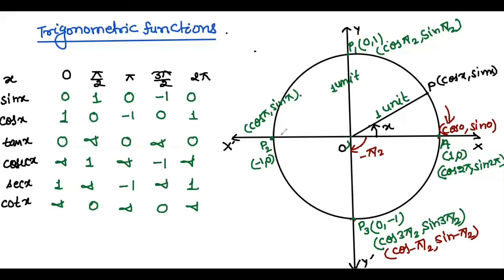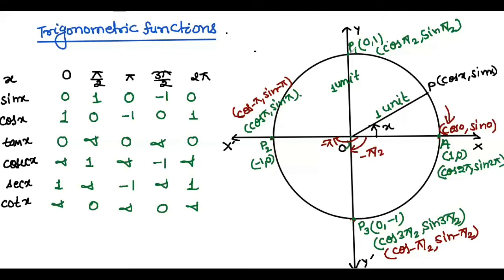Then here at point P2, this angle is in the clockwise direction. This is minus pi. So we can write here cos of minus pi, sine of minus pi. So cos minus pi equals cos pi and sine minus pi equals sine pi. And this is equal to minus 1 and 0 respectively.